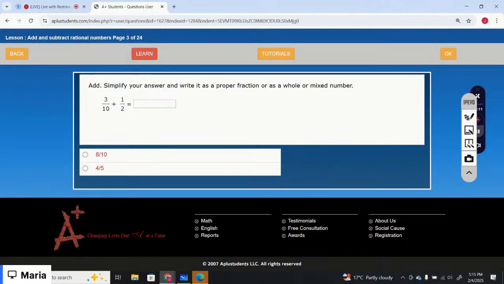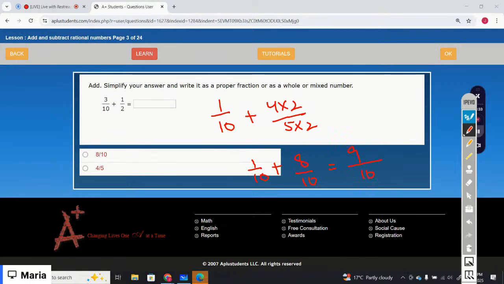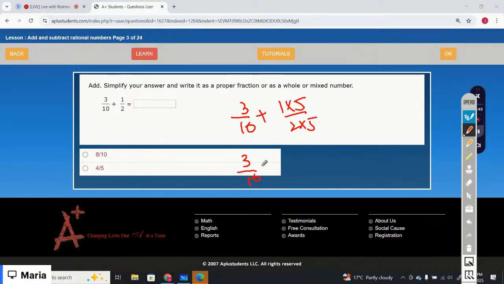3 by 10 plus 1 by 2. So that is 3 over 10 plus 1 times 5 divided by 2 times 5. That is 3 over 10 plus 5 over 10.